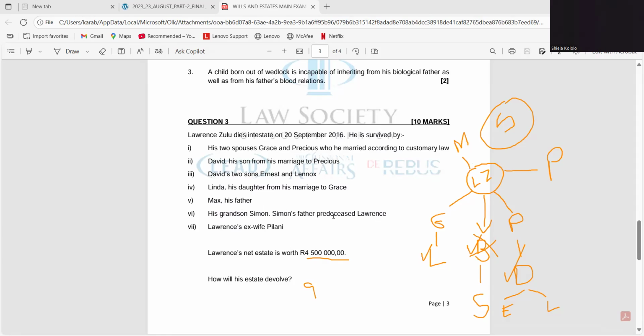Simon's father predeceased Lawrence. Remember, we named Simon's dad as Bob and we calculated him as a share. So Simon will inherit in place of his father by representation and he will therefore get his 900,000 as well. And then Lawrence's ex-wife, Pilani, will not inherit. Why? She has nothing to do with it. That's why we've got her on the side.